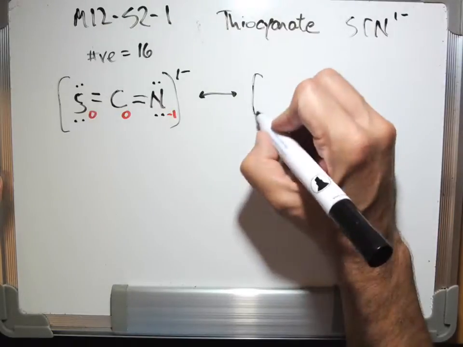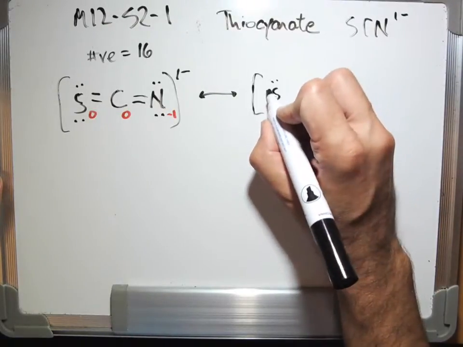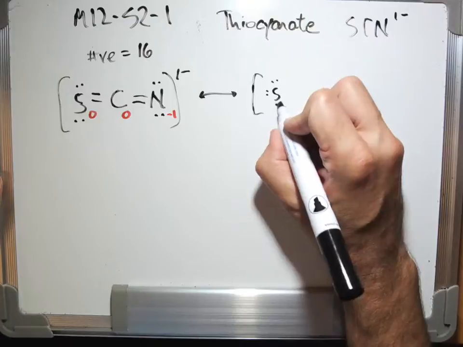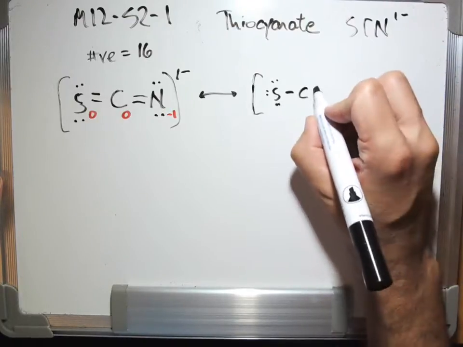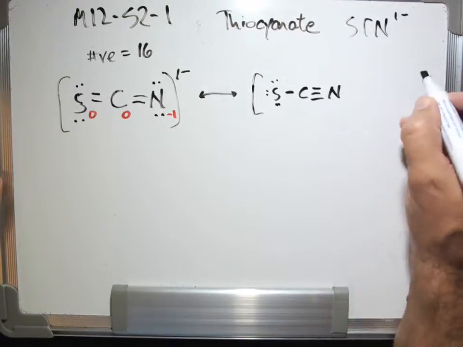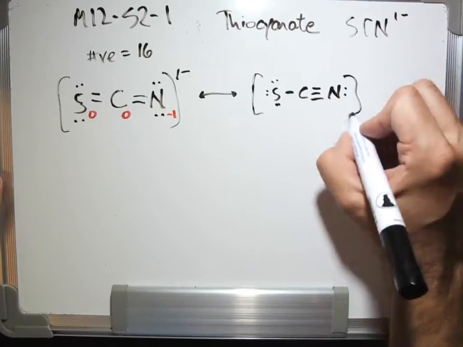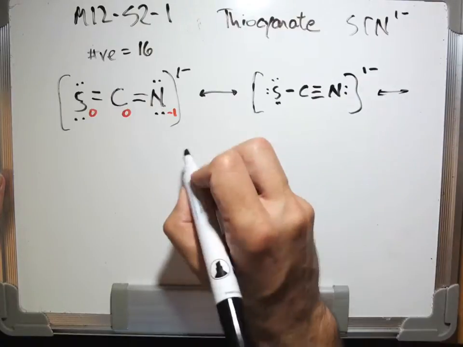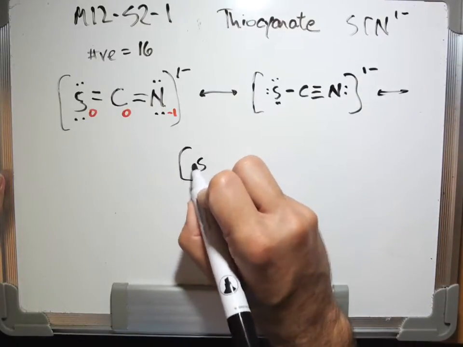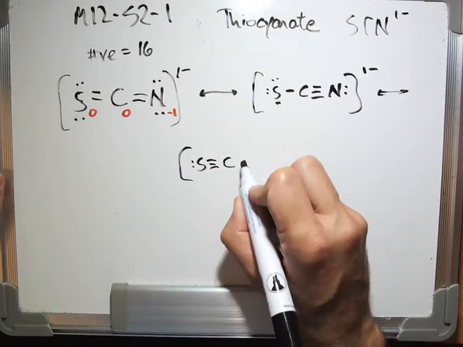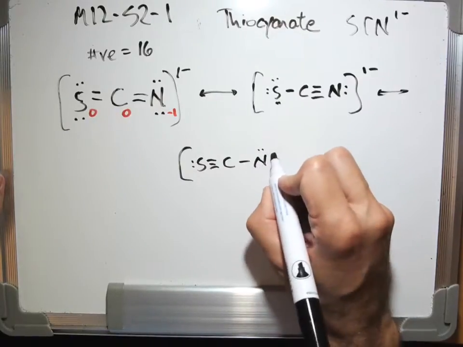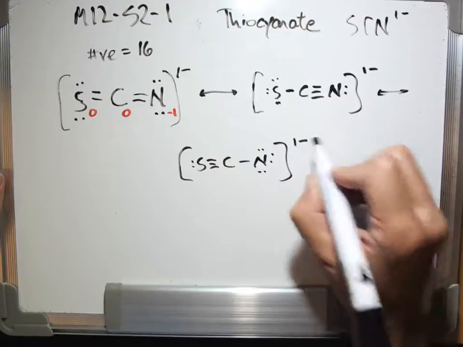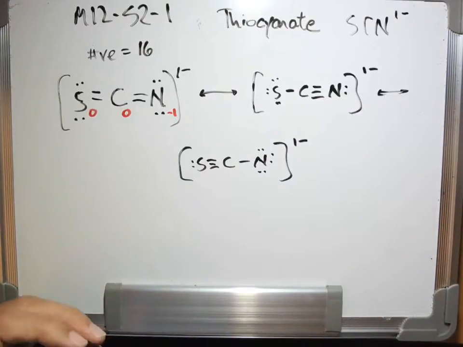Well, recognize I could have had a sulfur singly bonded, a carbon then triply bonded, carries a -1 charge, or I could have done that just the opposite, a sulfur that is triply bonded, a nitrogen that is singly bonded, and in the assessment of which of these would be the greatest contributor, again, it's going to come down to those formal charges.